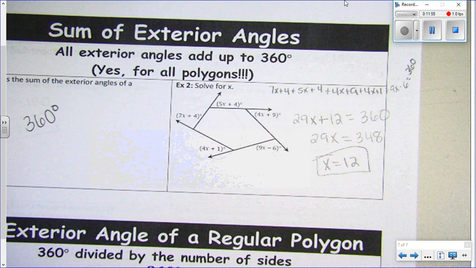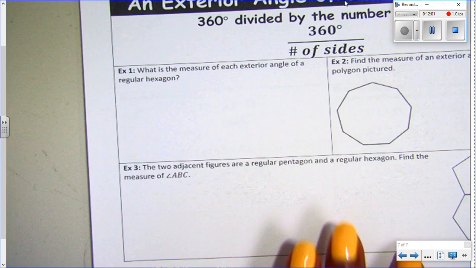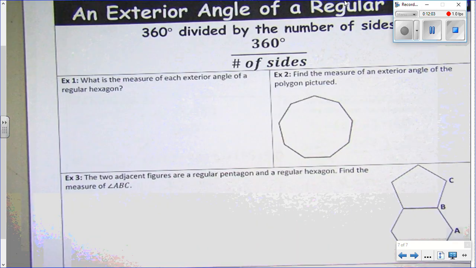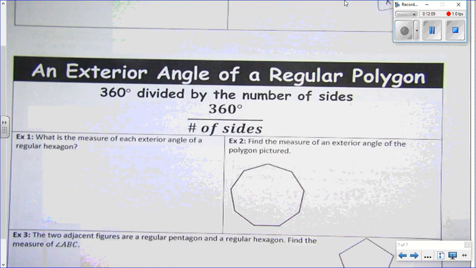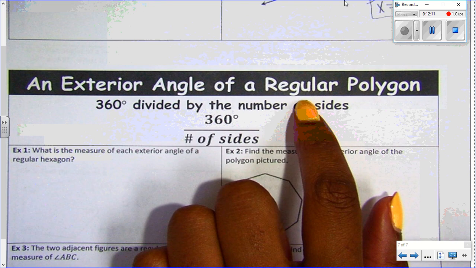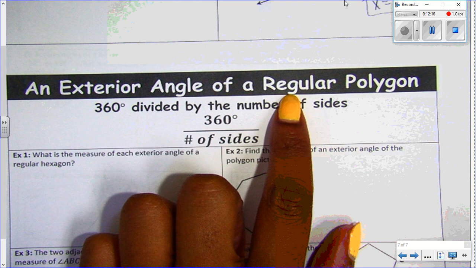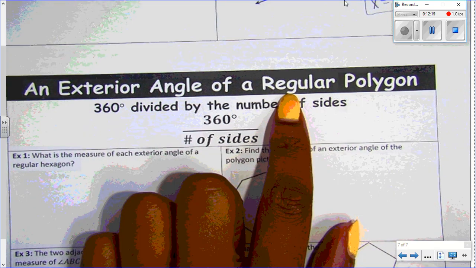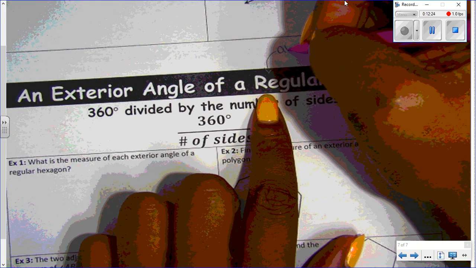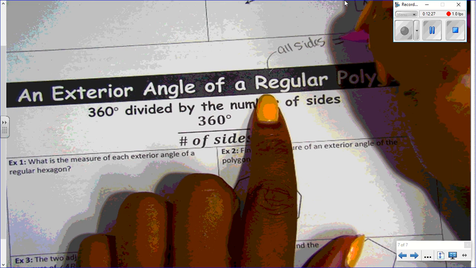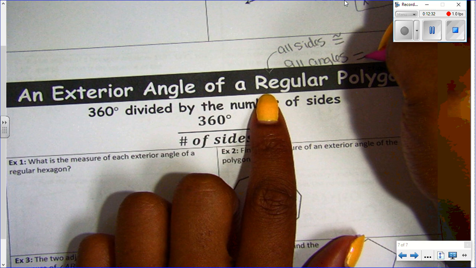Okay? Well, good. And then the last one that we're going to cover today is how to find one exterior angle and not just the sum of them all. And if it's of a regular polygon. Just to make sure you know, a regular polygon has all sides congruent and all angles congruent. So if you want to jot that down.